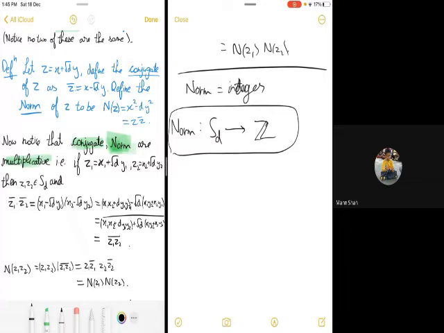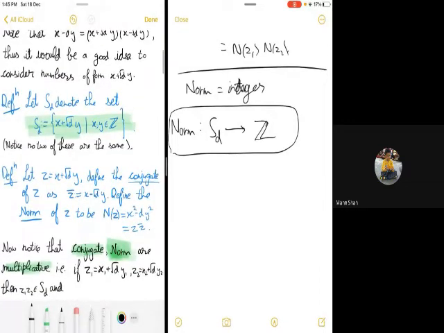So if A belongs to S_d, provided A is not 0, then 1 over A also belongs to S_d. Yeah, that is also true. Okay, no, wait, that's not true. Taking A to be 2 plus root d times 2, 1 over A, we can rationalize this.